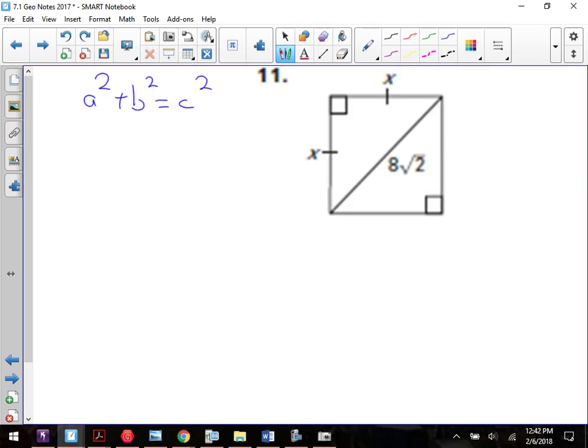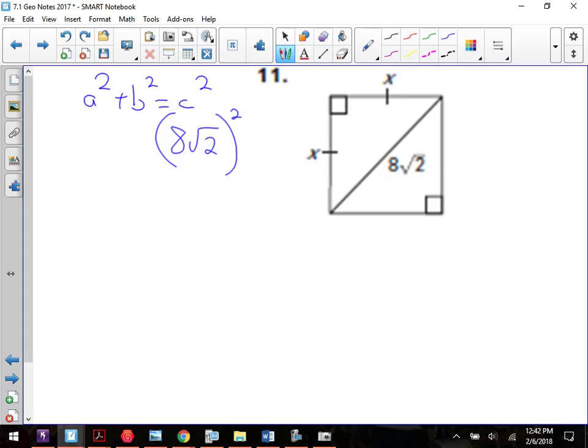Now, here's where you have to be very careful. And this is why I wanted to show you guys this first. When you square anything that has a number preceding the radical, a number in front of it, 8 root 2, 2 root 3, 9 root 4, or 9 root 5, whatever it could be, before you put it in your calculator, you have to put that in parentheses.